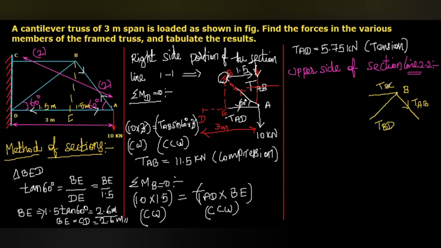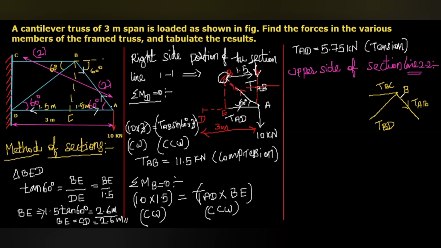These two, TBC and TBD, we have to calculate. We know that if this is 60 degree, this also is 60 degree, and this also 60 degree. These two inclinations are 60 degree with respect to the horizontal which passes through the point B.